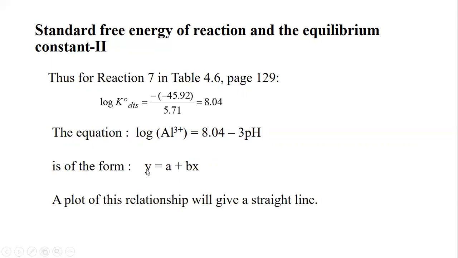So you have Y equals A, the intercept, and B is the slope. A plot of this relationship will give a straight line. That is the equation of a straight line.